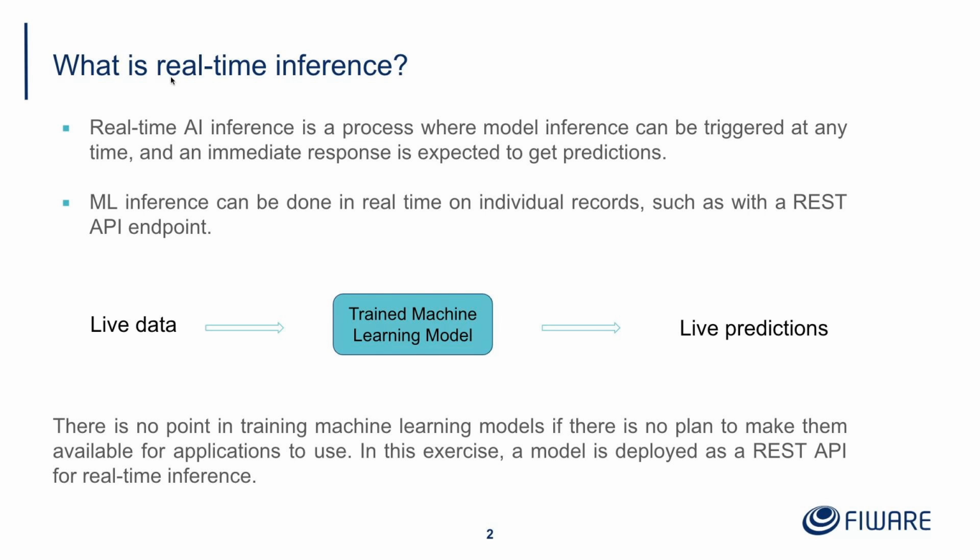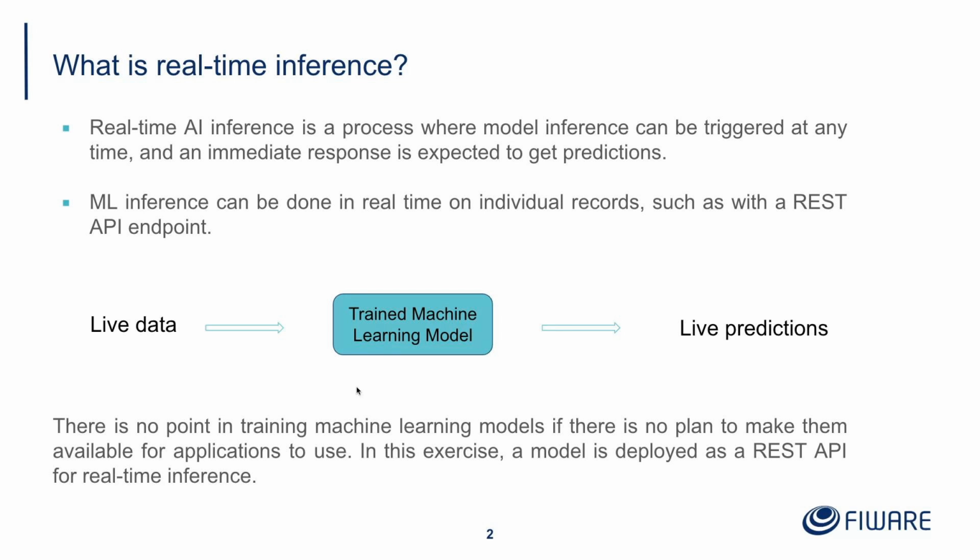But when is it real-time? It is when this process is triggered at any time and an immediate response is expected to get predictions. So this ML inference can be done in real time on individual records, such as with a REST API endpoint, as an example.